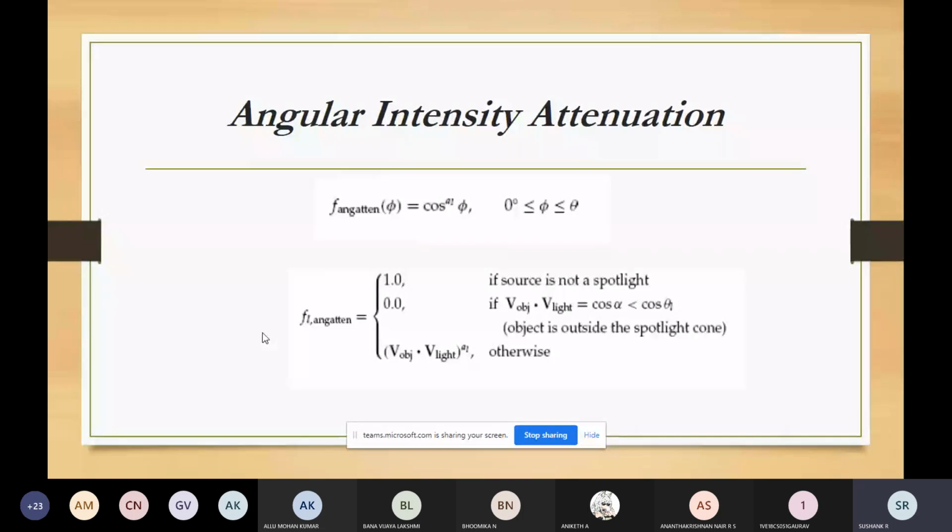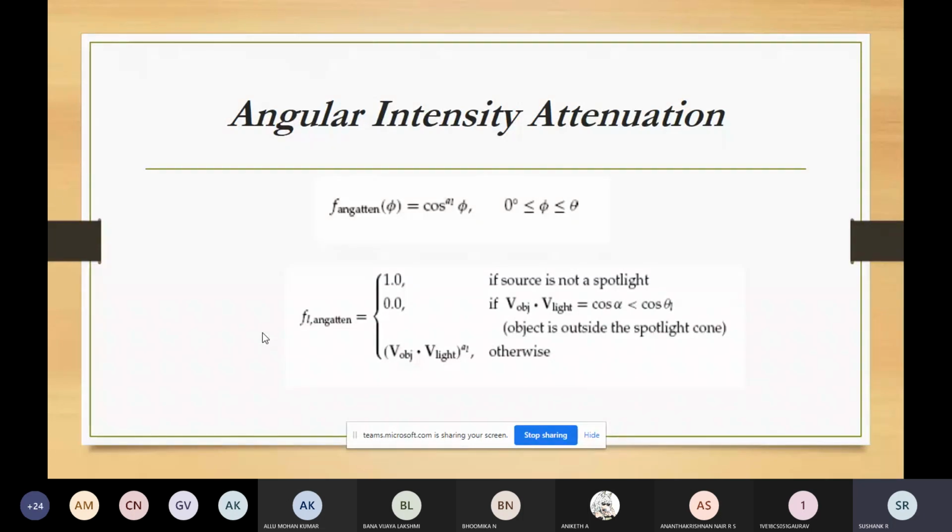Now what will you do in this angular intensity attenuation? You will attenuate the light intensity from the source of the light as well as the direction, as well as radially outward from that source point.